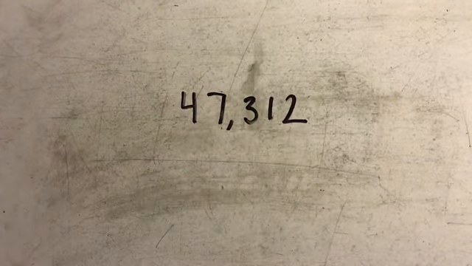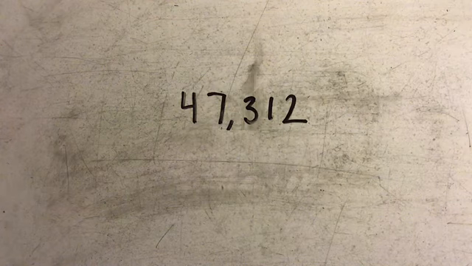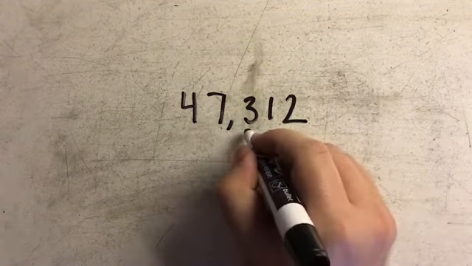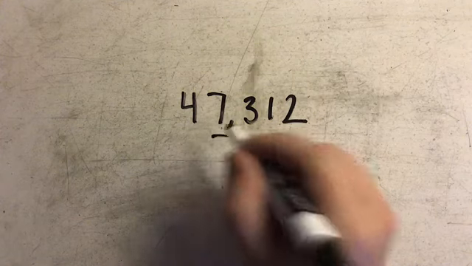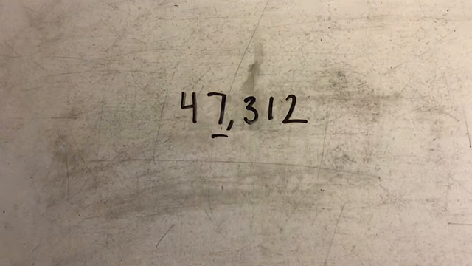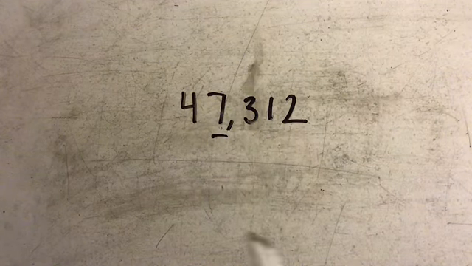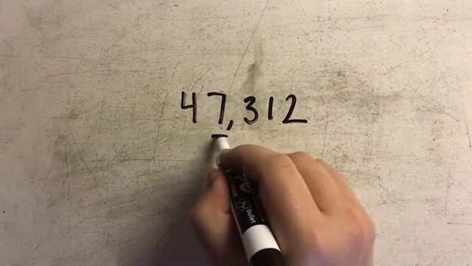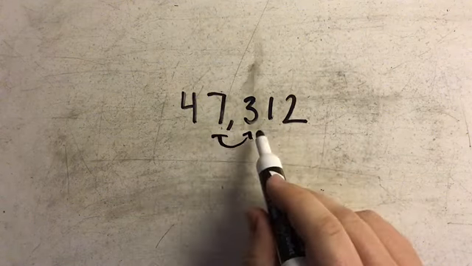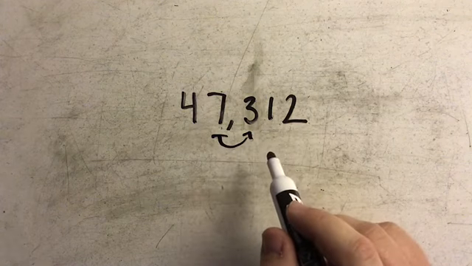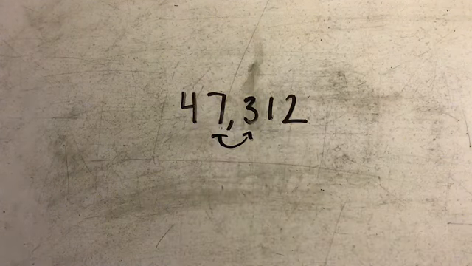There's a rhyme that might help you remember this, and I'm going to go over it in this example. So the rhyme goes: find your place. In this case, instead of rounding to the 10,000s place, we're going to round to the thousands place. It says to find your place and look next door. Again, that's us going backwards to look at the number that's right behind the place that I'm rounding to.